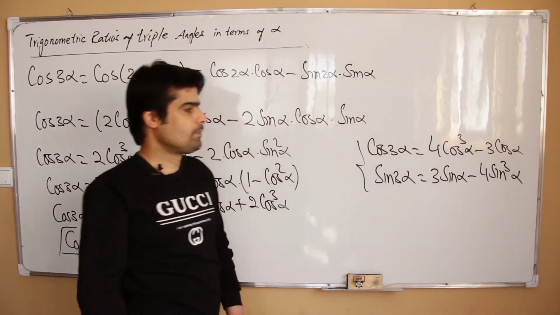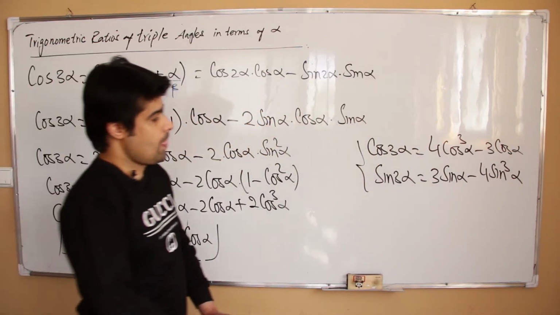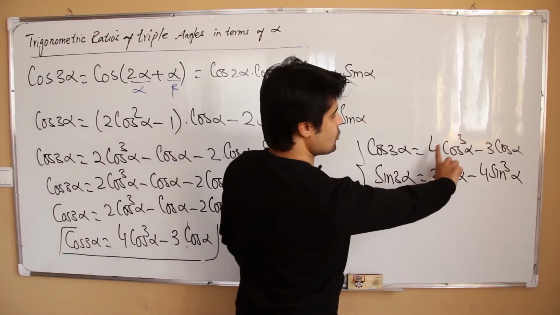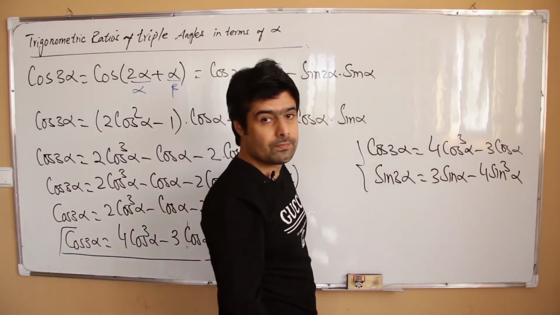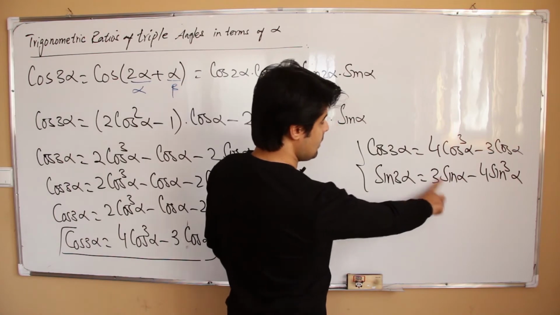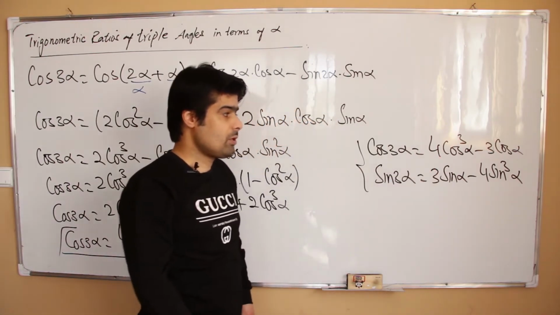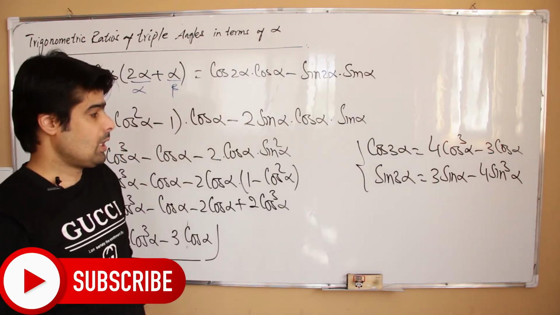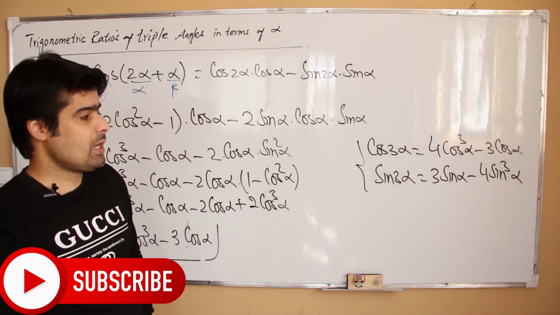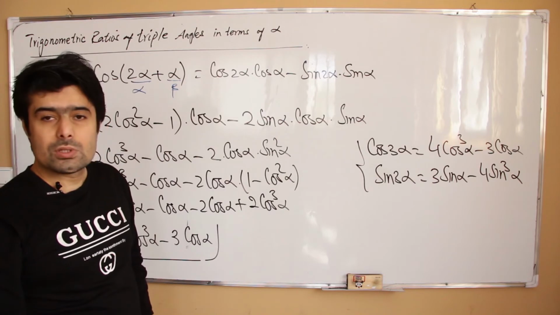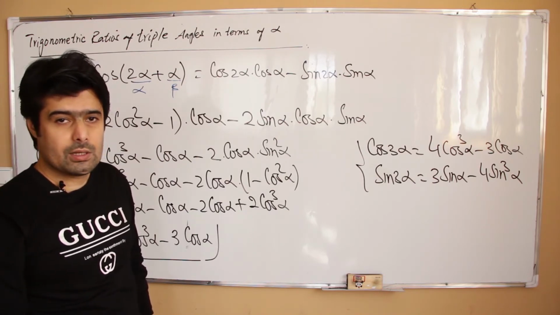Now, just we have a change in position. This is defined in terms of sine, and this is defined in terms of cosine. Cosine 3 alpha is 4 cosine cube minus 3 cosine alpha, and sine 3 alpha is 3 sine alpha minus 4 sine cube of alpha. I think you have got it.